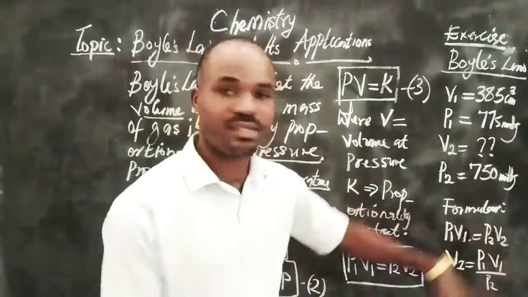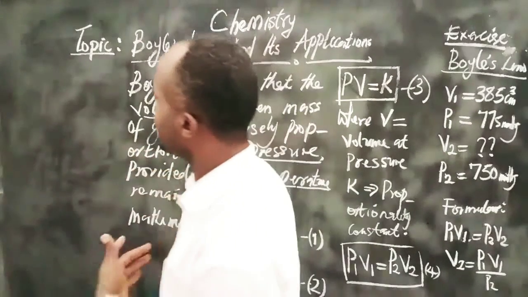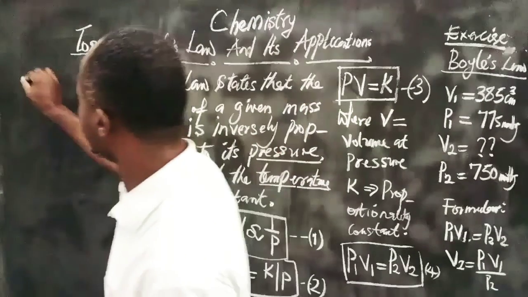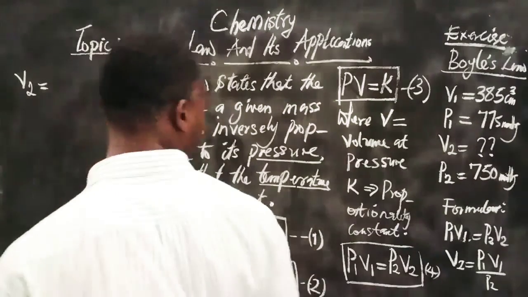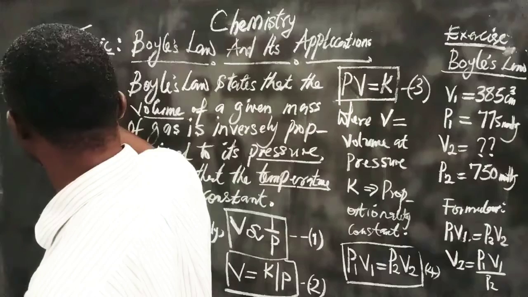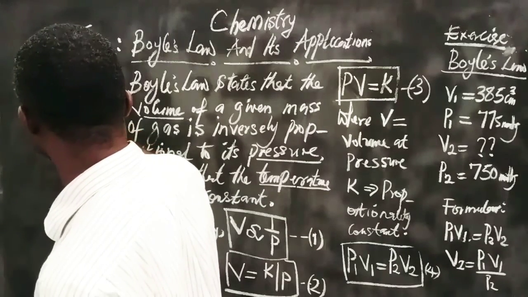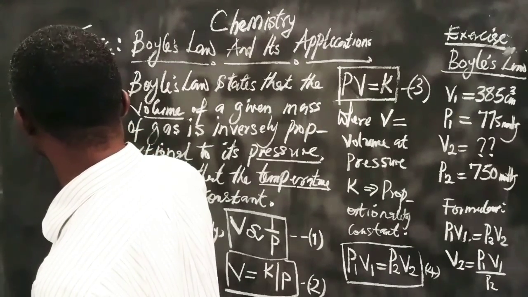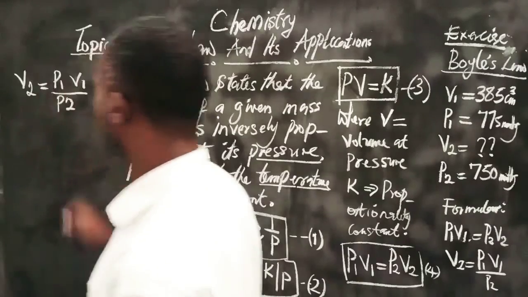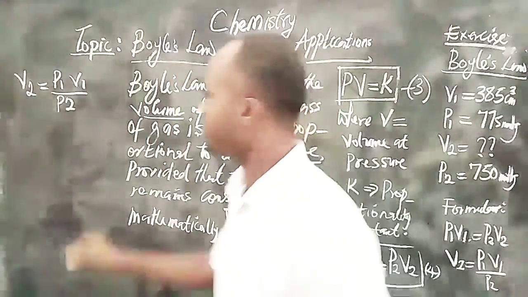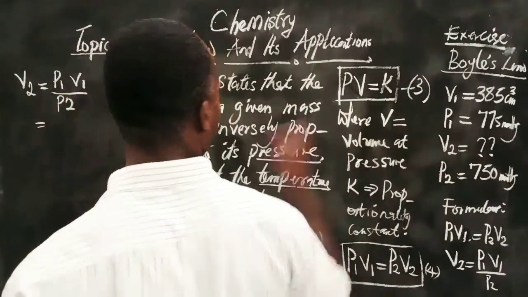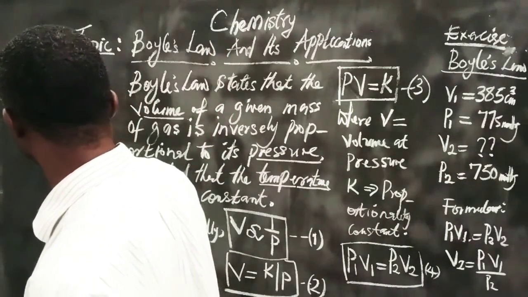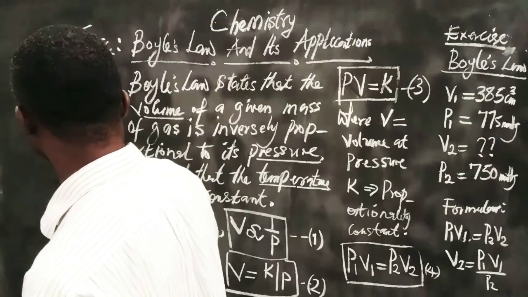So let's do it this side. V2, which is the final volume of the gas, is equal to P1 V1 all over P2. So we substitute accordingly. What do we have for P1? P1 is 775.